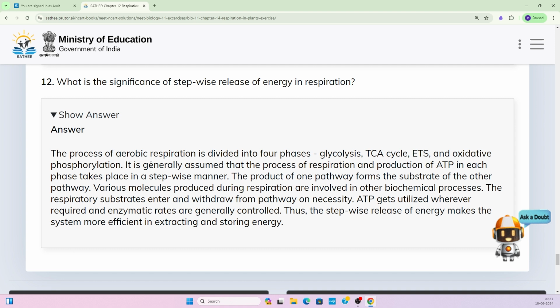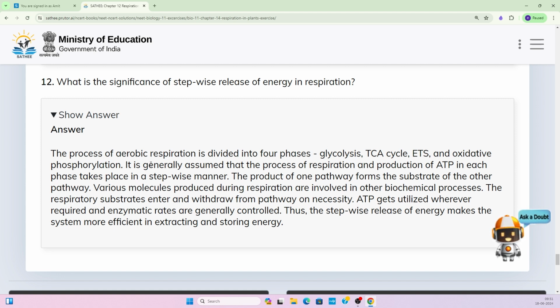It is generally assumed that respiration and the production of ATP in each phase take place in a stepwise manner. Glycolysis occurs in the cytoplasm, and the end product is pyruvic acid. Pyruvic acid is converted to acetyl coenzyme A, which enters the tricarboxylic acid cycle, the Krebs cycle.